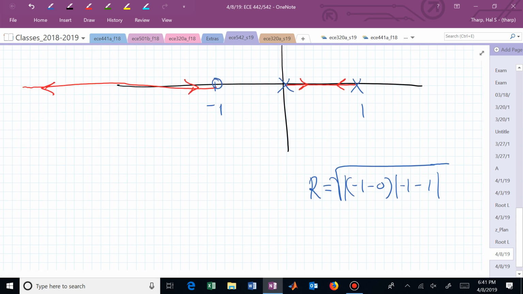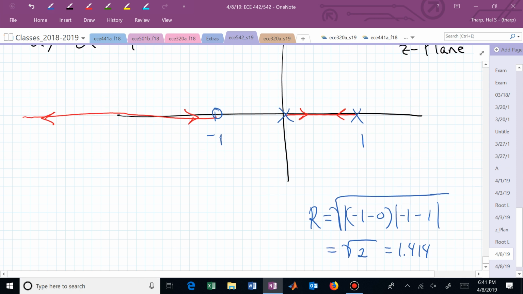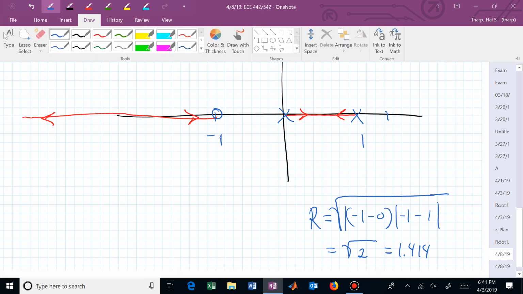So we now have the square root of 1 times 2, square root of 2. So where are we? 1.414. Are we right there? Is that our radius? Is that our breakaway? No, that radius is from the circle. Right?